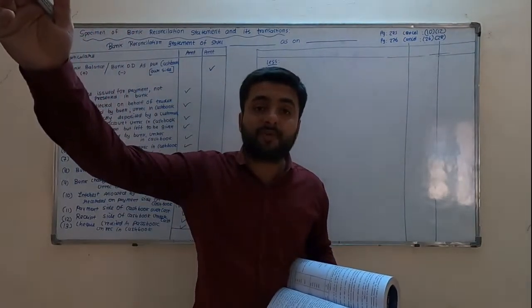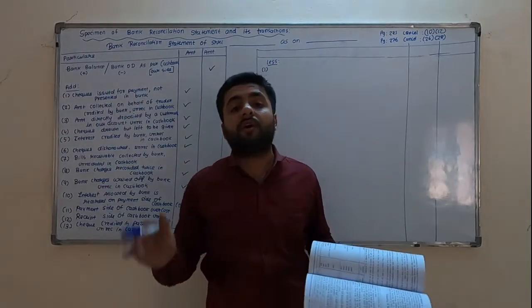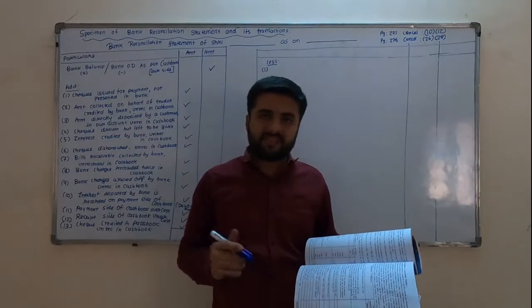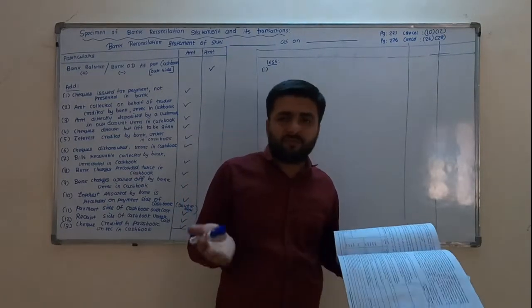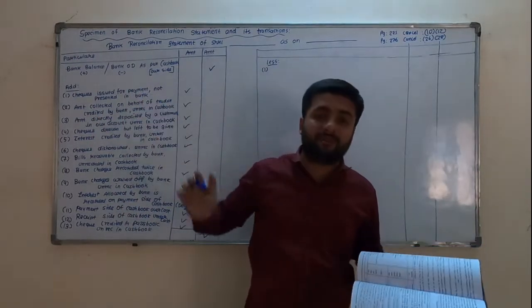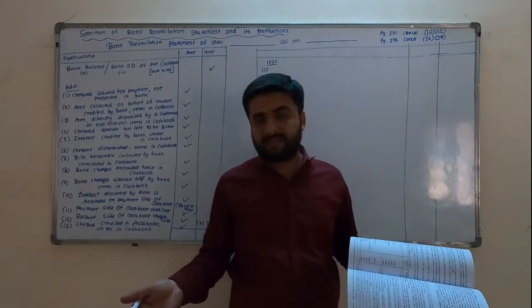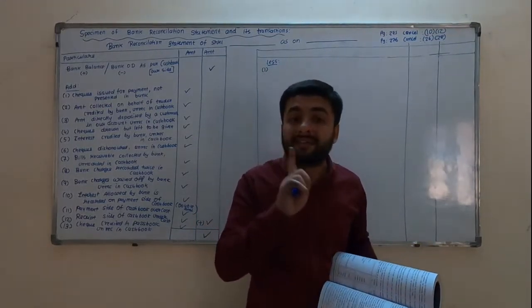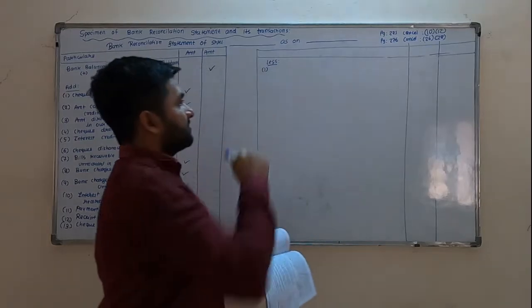We are going to bank and depositing it, but bank is not adding the amount. Bank is not collecting the amount from our customers. There may be so many reasons, due to bank holiday, or there is insufficient balance in the customer's account. So that bank is not adding the amount in our account. So if bank is not adding, we will subtract.